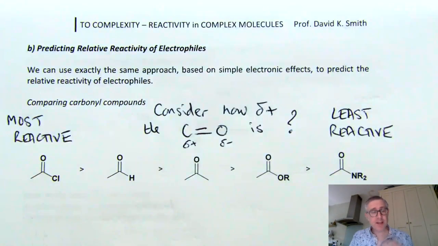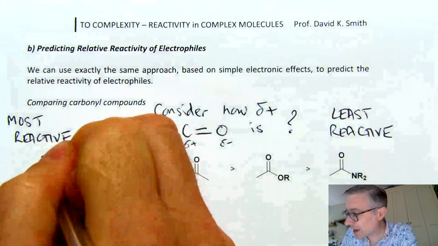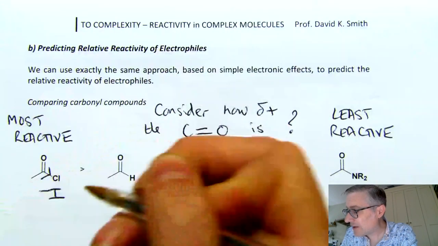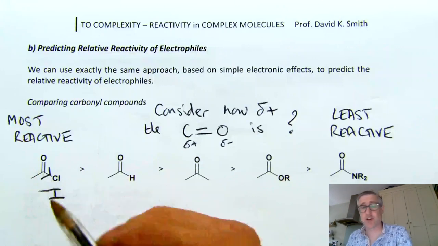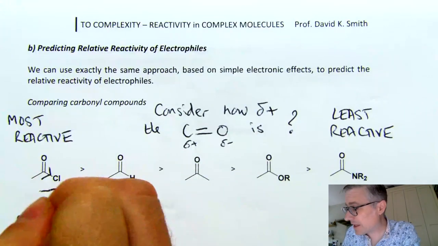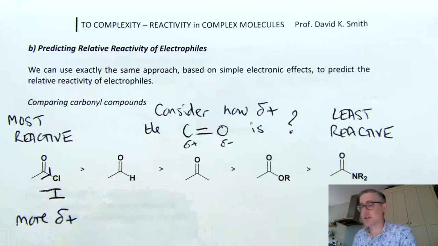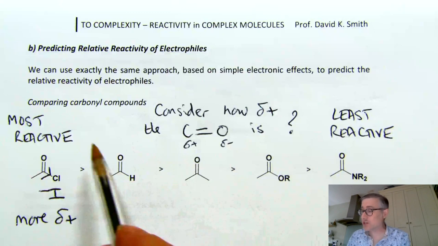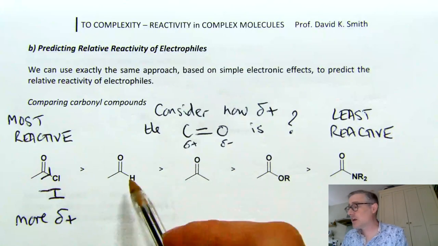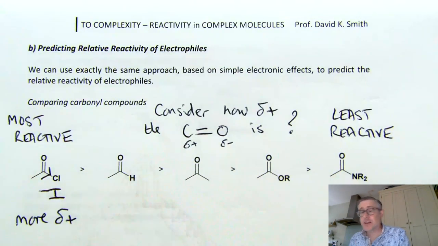The one on the left is the most reactive. We have a minus I effect of the chlorine pulling electron density away from that carbon, making it more delta plus. Here in the aldehyde functional group, remember we show the hydrogen on an aldehyde, there's no real inductive mesomeric effects to talk about.